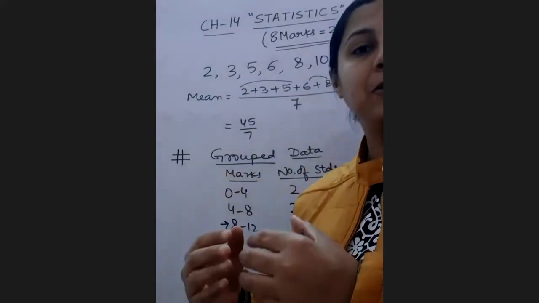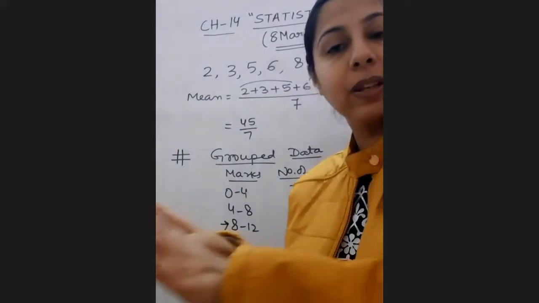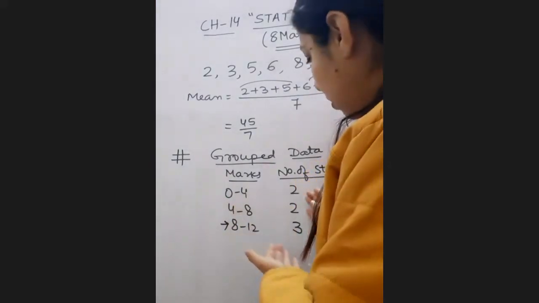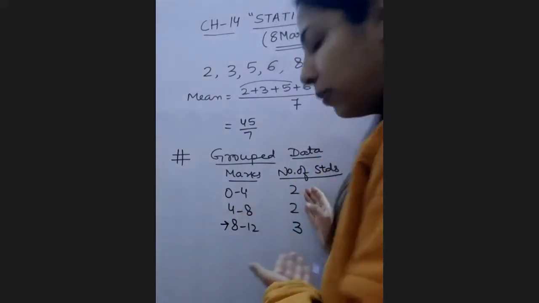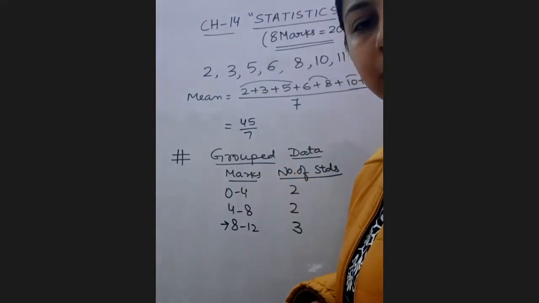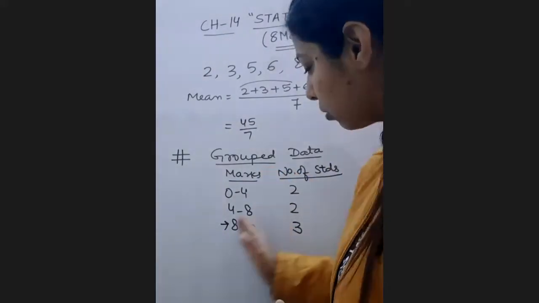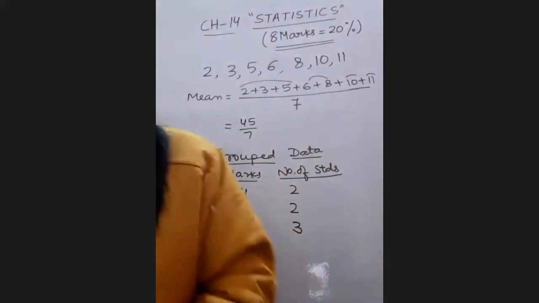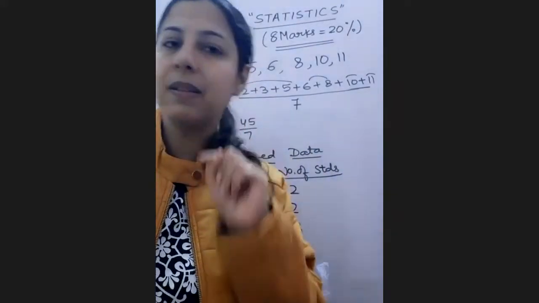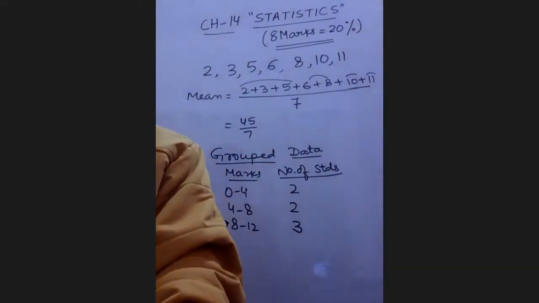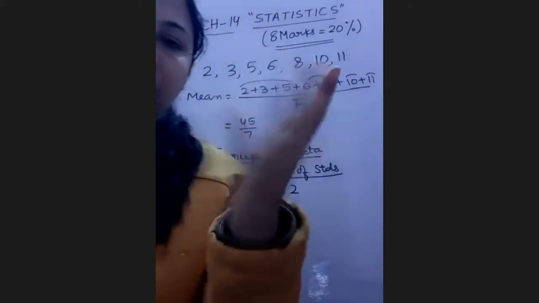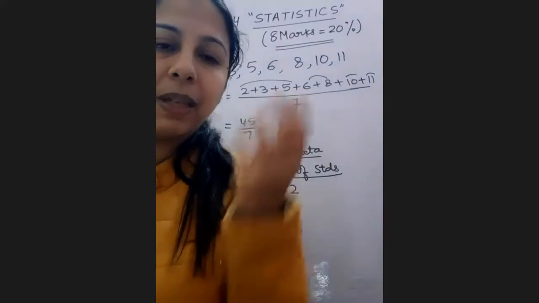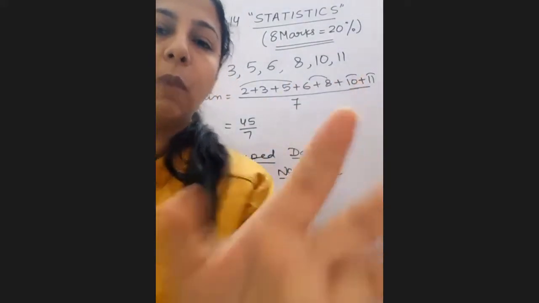If I have certain entries, then only I'll add them and divide to get the mean. I just know 0 to 4 has 2 students. How to go about it? I just know there are 3 students scoring something between 8 to 12, but I don't know what their score is. This is the disadvantage. Getting my point? I don't know the individual entry. When I don't have the individual score, how to go about it?